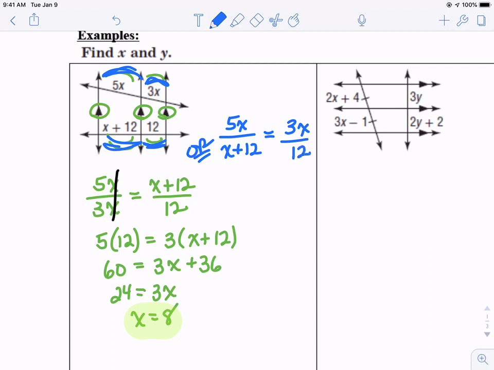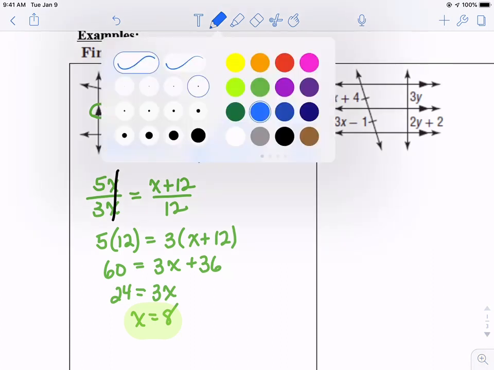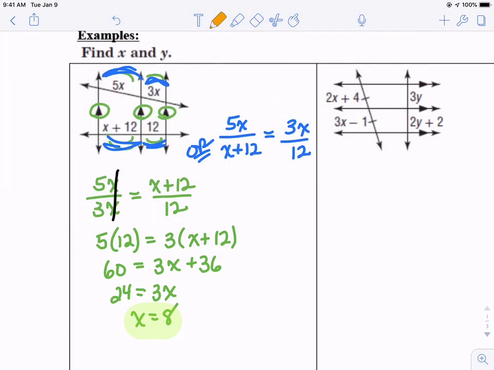Now, the thing is that when you cross multiply on this one, it'll work. It's just that this is more complicated. You're going to have 60x equals 3x squared plus 36x, and then it's a quadratic. So just stop yourself for a second.